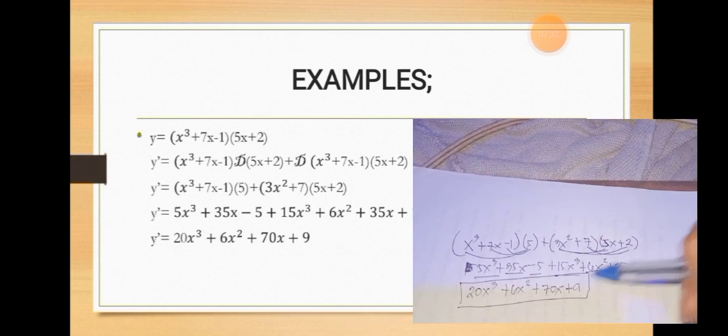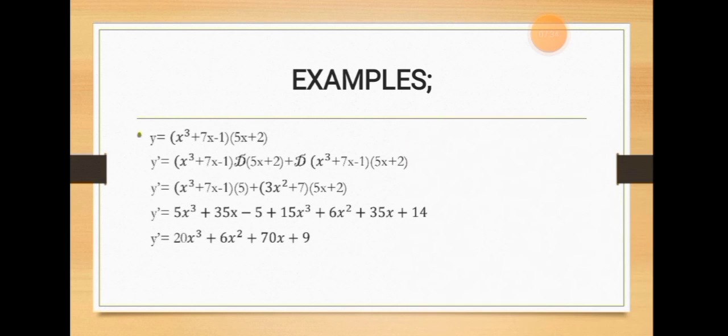Just add the common terms because they have like signs. And the negative 5 and the 14, unlike signs, so subtract. So we have now 9. So y prime is equal to 20x cubed plus 6x squared plus 70x plus 9.